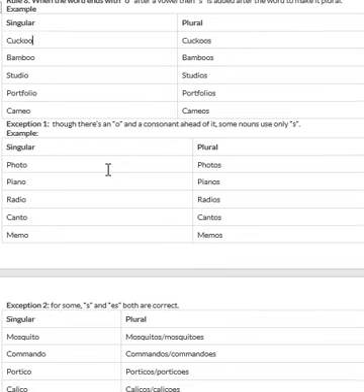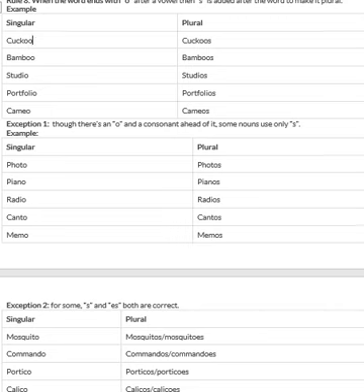There are some exceptions. In some cases, though there is an O and a consonant ahead of it, some nouns use only S. These are some of the exceptions in English.